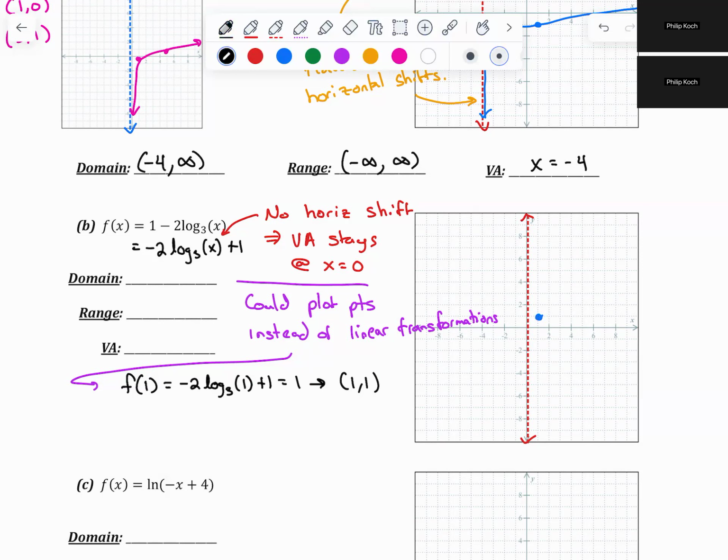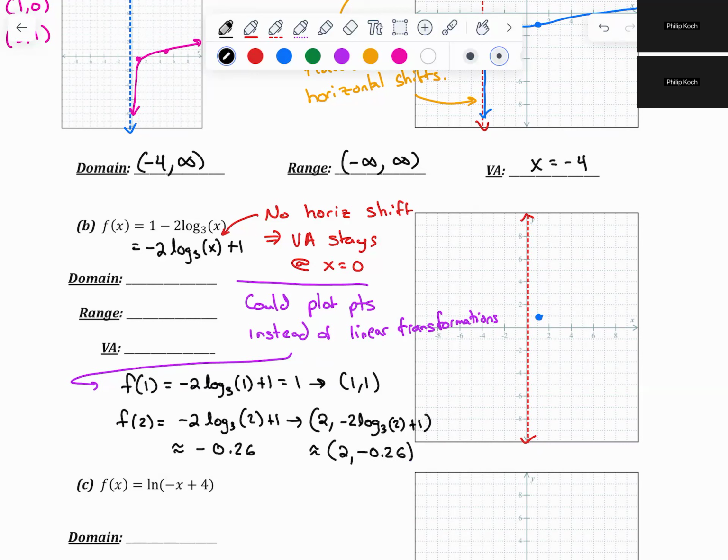And then let's just do f of 2. That'll be -2 log base 3 of 2 plus 1, which is approximately -0.26. So you have the point 2 comma -2 log base 3 of 2 plus 1, which is approximately 2 comma -0.26.